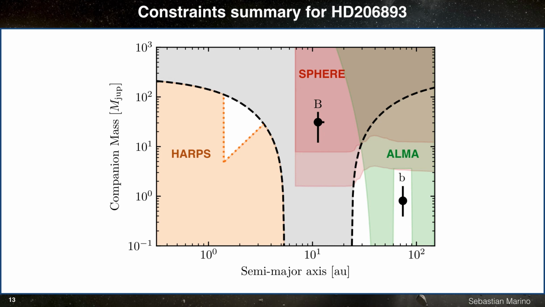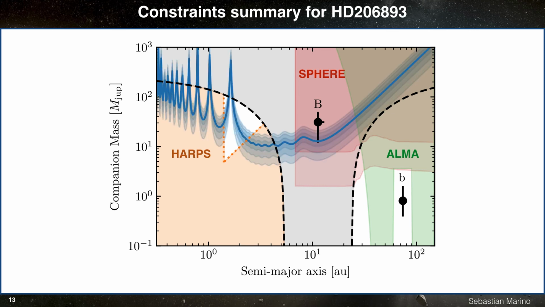Interestingly, the system has a significant proper motion anomaly when combining Hipparcos and Gaia data, and in order to explain it, we need the presence of a companion along this blue line. Although this blue line intersects the mass of this brown dwarf at 10 AU, we know that the position angle of this brown dwarf is inconsistent with the direction of this proper motion anomaly.